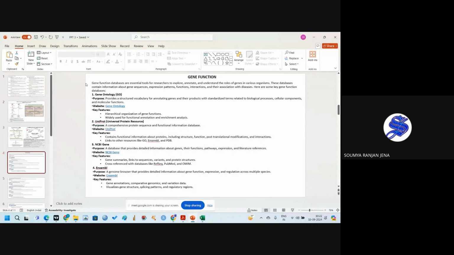If we go to the gene function databases, these are essential tools for researchers to explore, unearth, and understand the role of genes in various organisms.